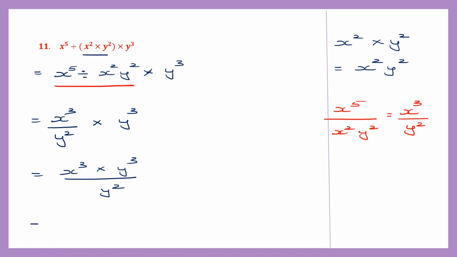Now x cube will remain as it is, into y to the power of 3 minus 2. Because it's division, y to the power of 3 divided by y to the power of 2 will become y to the power of 3 minus 2, which is 1. So y to the power of 1, or simply y. So x cubed into y will be x cubed y. So this is our answer.